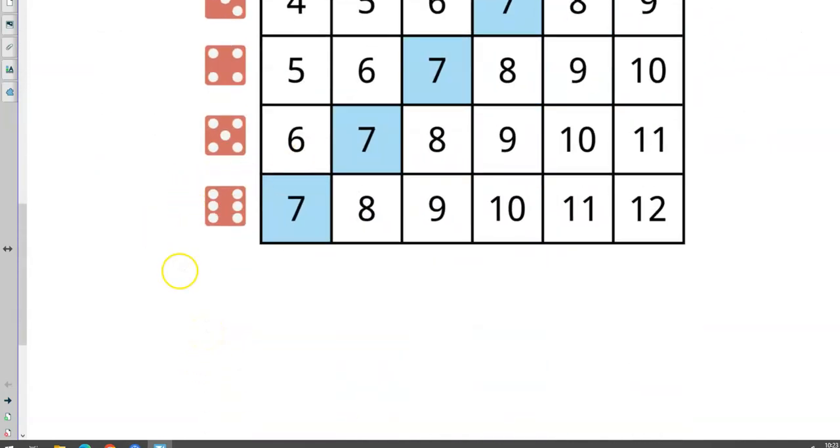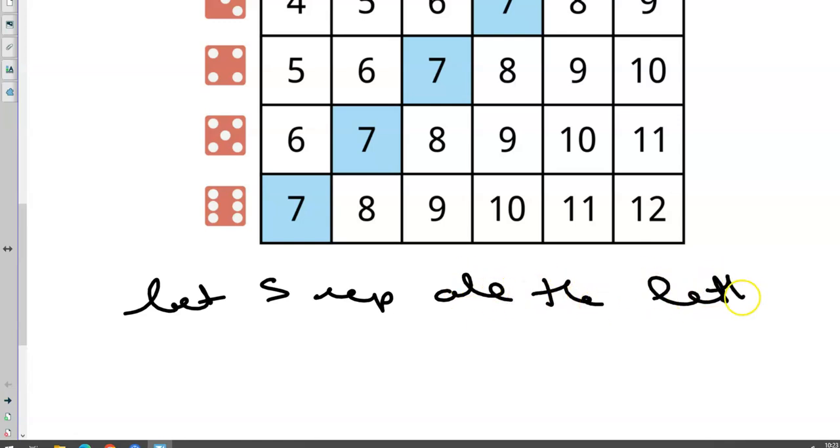If I said to you, let S represent all the letters in the word, let's just make it easy, tuba. Okay. If I said let S represent all the letters in the word tuba, let S be the set.